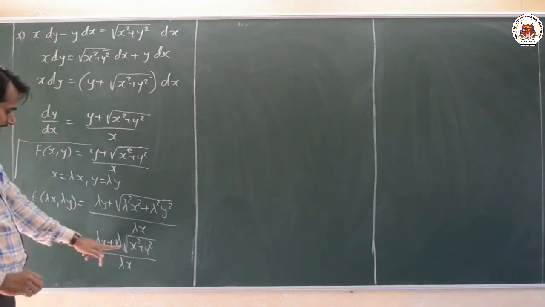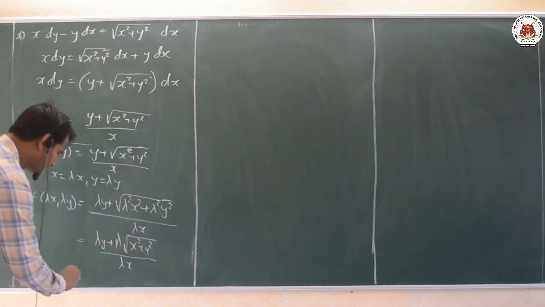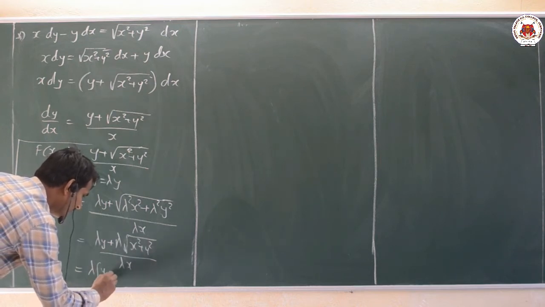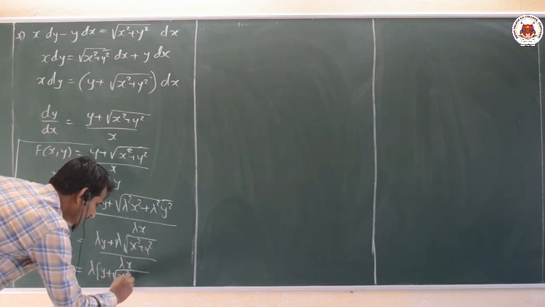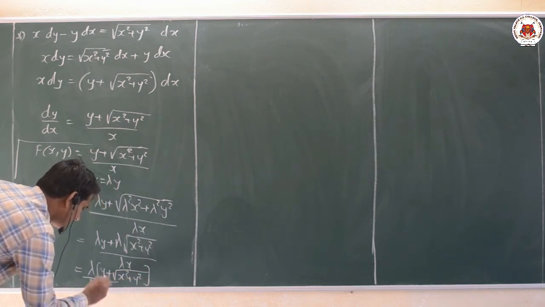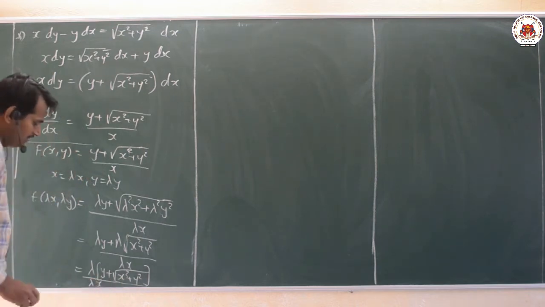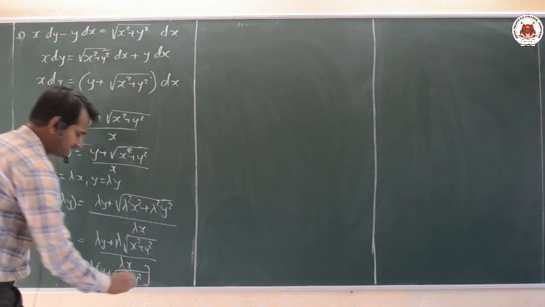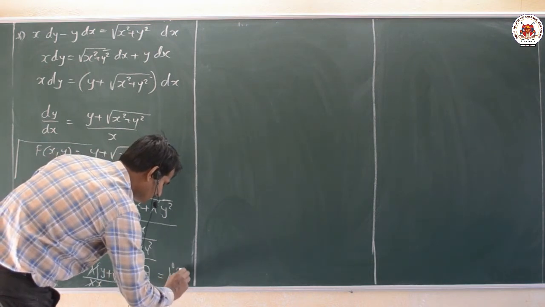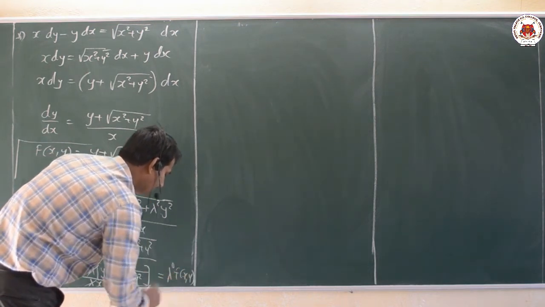If I take lambda outside, lambda gets eliminated, that is y plus root of x square plus y square, whole divided by x. That means lambda gets eliminated, and in turn we get lambda to the power of 0 f of x comma y.